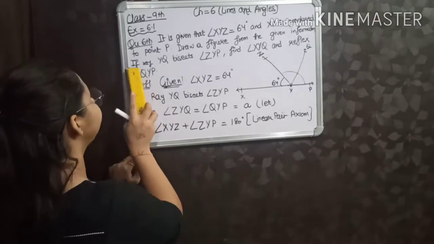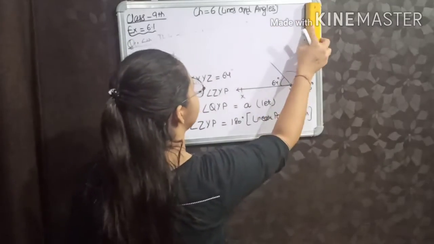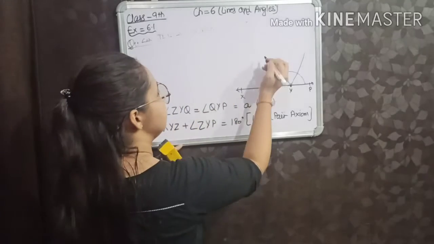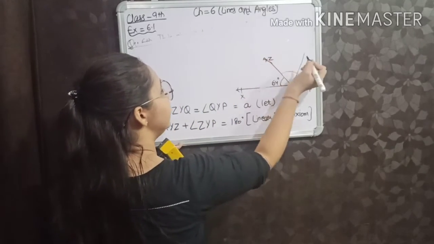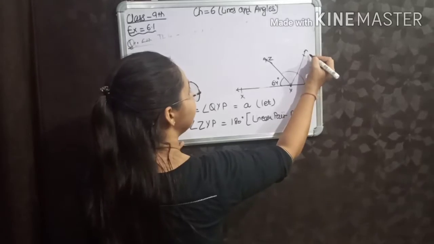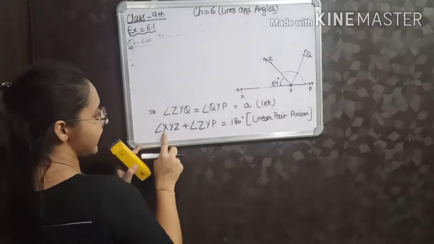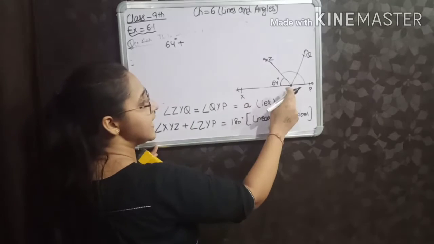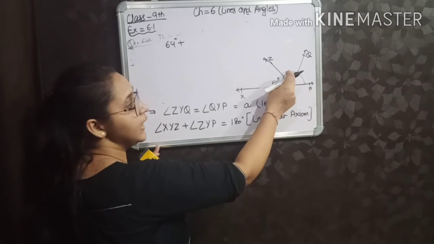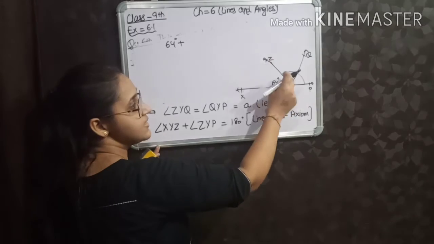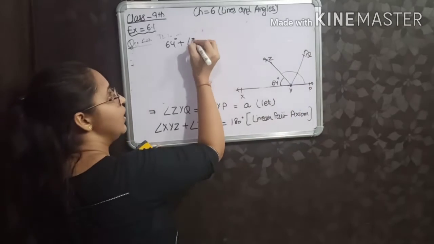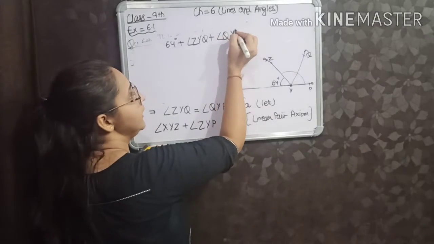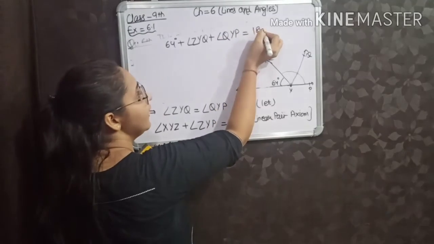Now this is YZ and this is YQ. Now see this. This is XYZ, which is given 64 degree, plus angle ZYP. ZYP is made up of these two angles, ZYQ plus angle QYP, and it is equal to 180 degree.